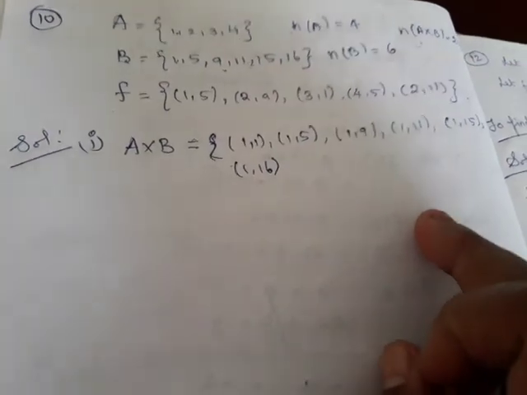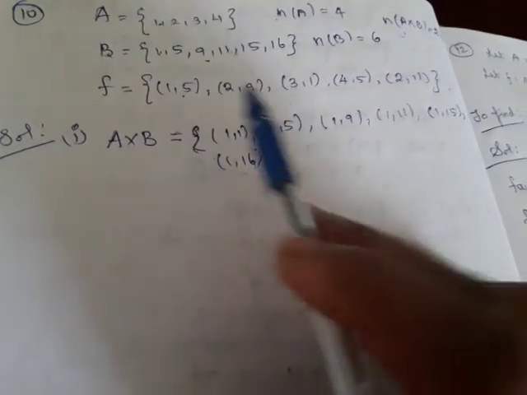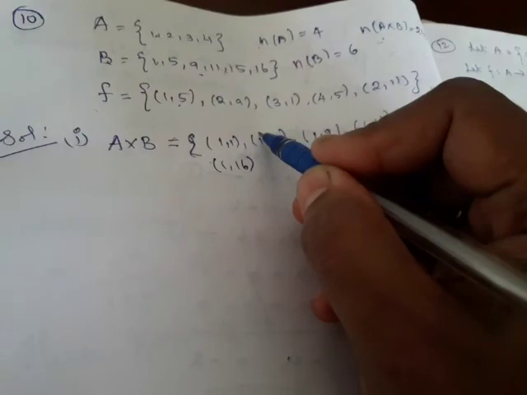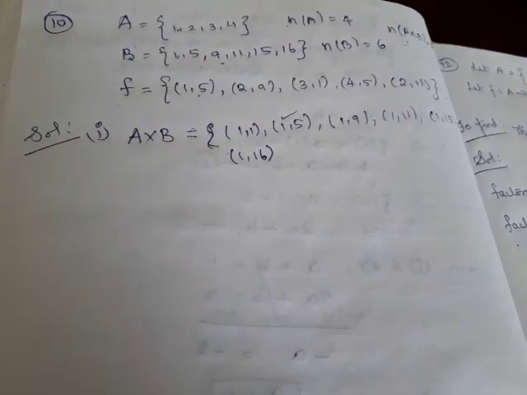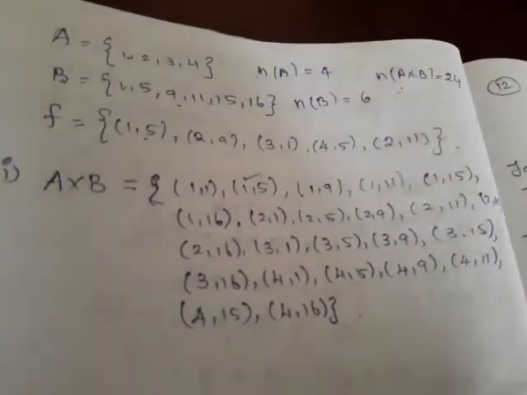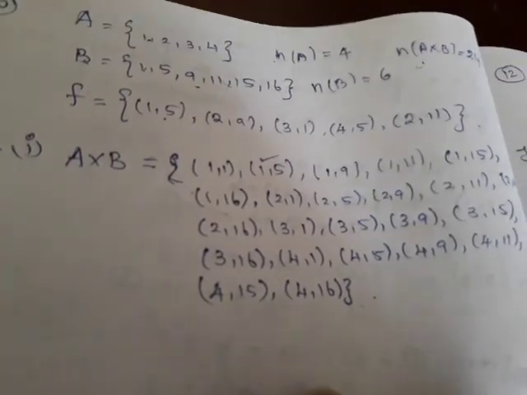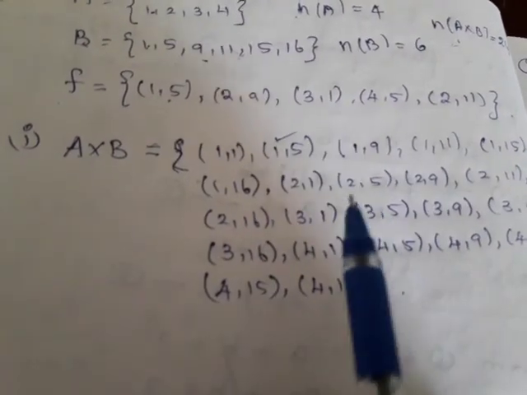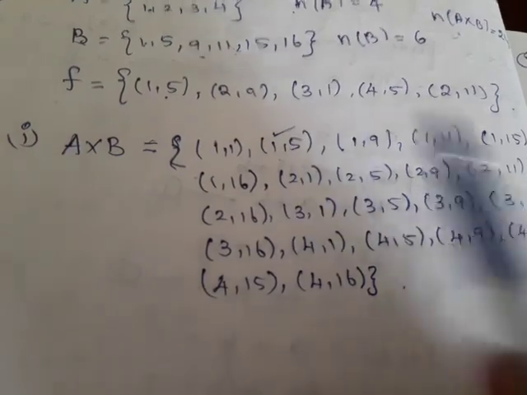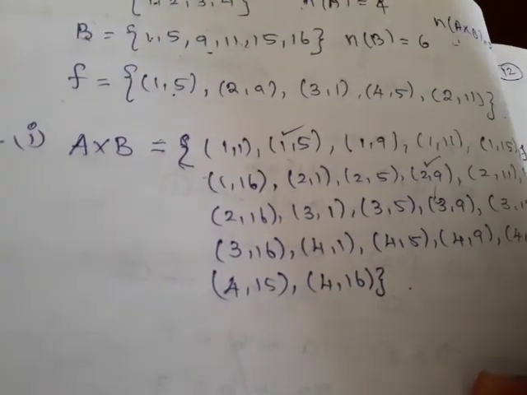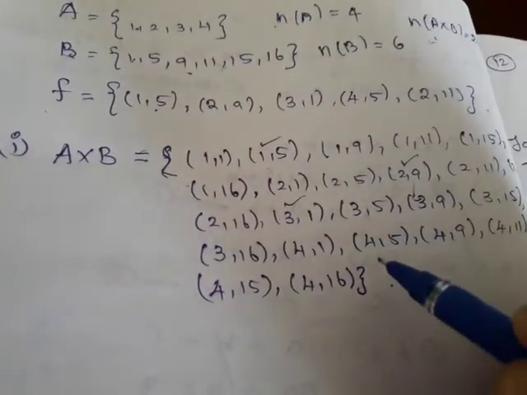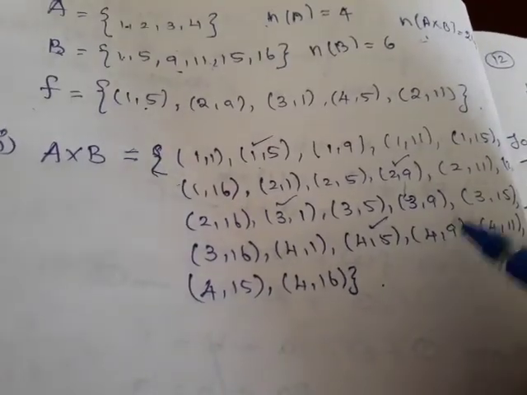After listing them out, you can check whether (1, 5) is there. Yes, (1, 5) is there. Likewise, we can check. I have listed out all the ordered pairs. Now let us check whether each and every ordered pair of f is there in A cross B. (1, 5) is there. (2, 9) is also there. (3, 1), (4, 5), then (2, 11).